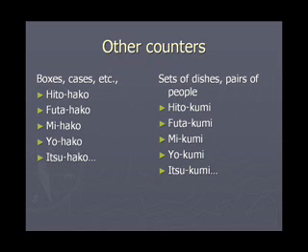There is another count which also follows the Japanese counting system. For sets of dishes or pairs of people, the counter kumi is used: hitokumi, futakumi, mikumi, yokumi, itsukumi, and so on.